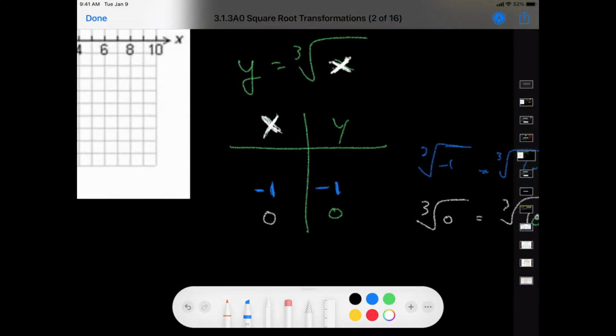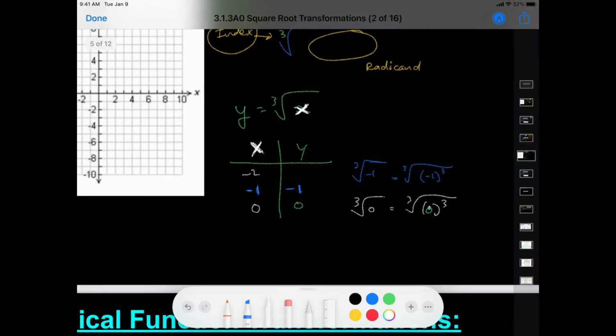Okay, let's try -2. The cube root of -2, the answer is, I take that back.